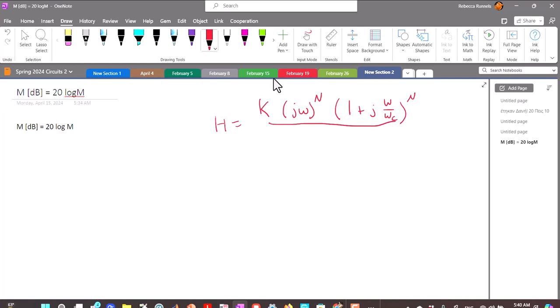And you might have poles at the origin, and they would be in the denominator. Or you might have simple poles, and you might also have quadratic zeros.